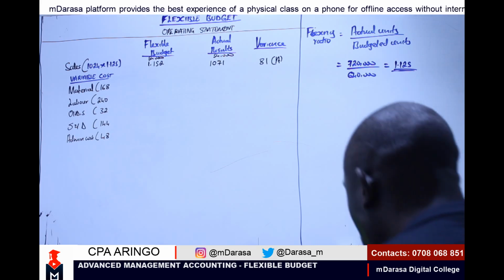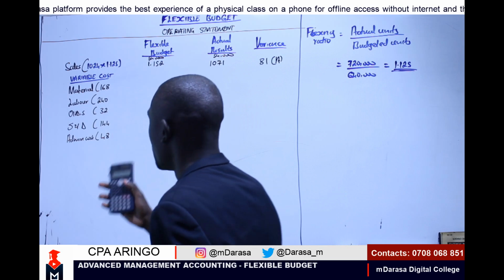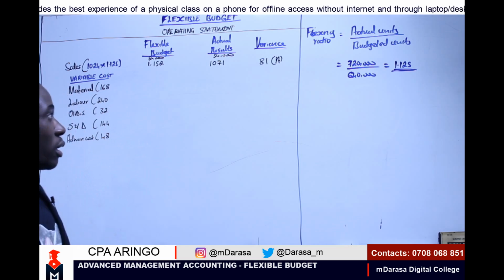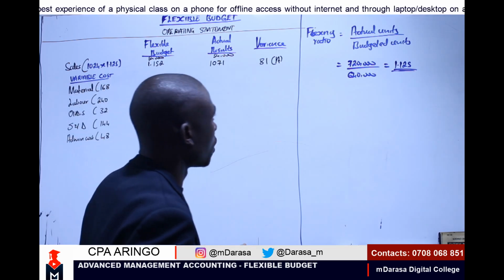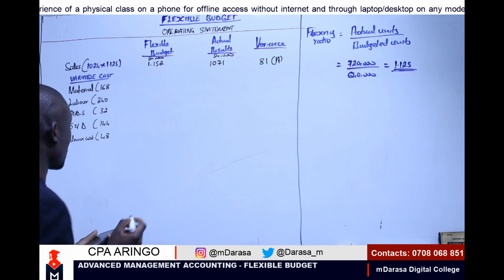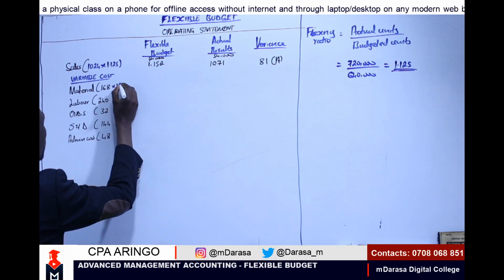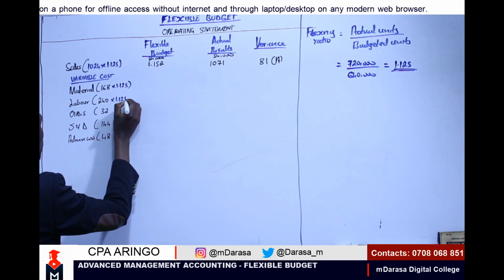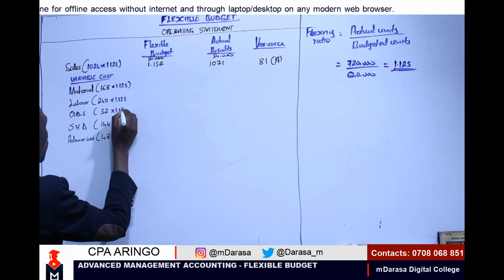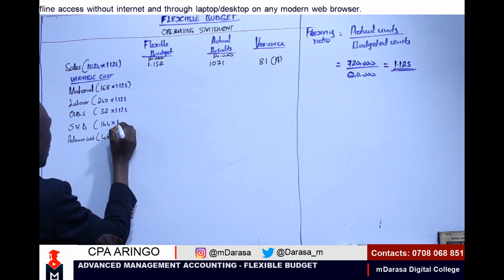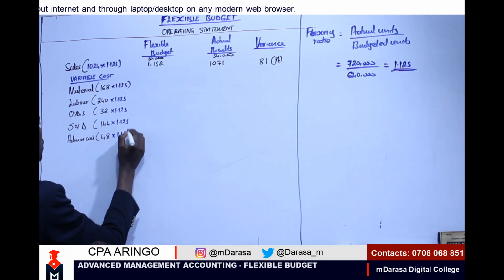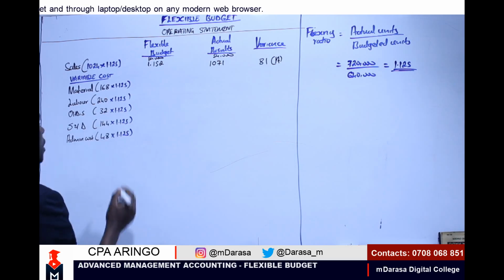With the flexing ratio that we have just determined. So if we can start with material, I know very well that my flexing ratio is 1.125. So in this case, I should be multiplying by 1.125 for each of these items, having our data there.